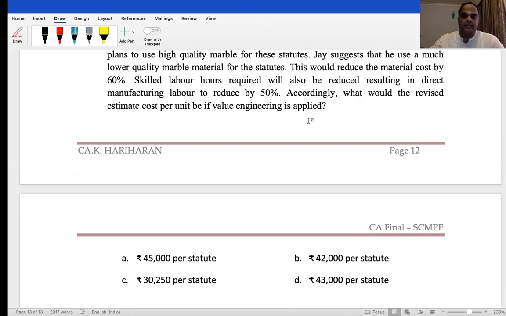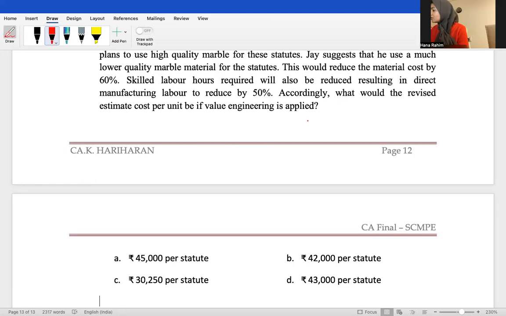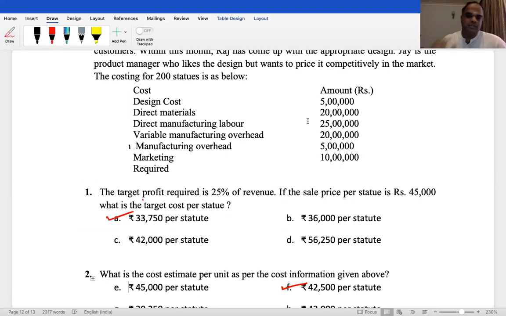So, the impact is 60% savings in material and 50% savings in labor cost. Am I right? Yes. So, go back to the question. How much is 60% on material cost? 20 lakhs into 60%.